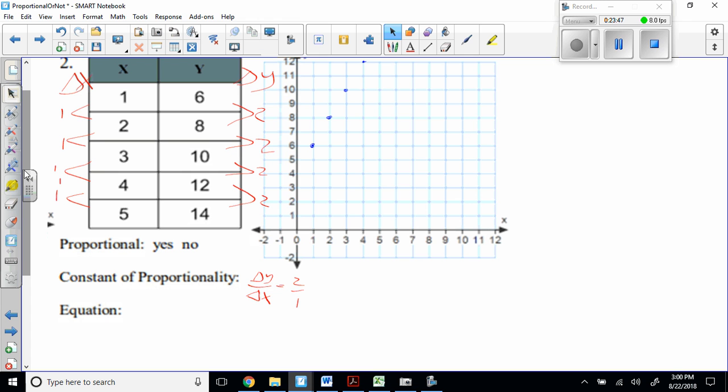Okay, if I were to connect those dots, what would I make? A straight line, ladies and gentlemen. Is that proportional? Yes. All right, raise your hand for yes.